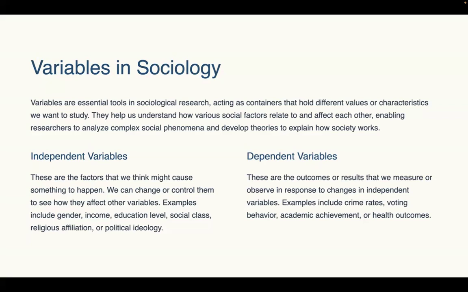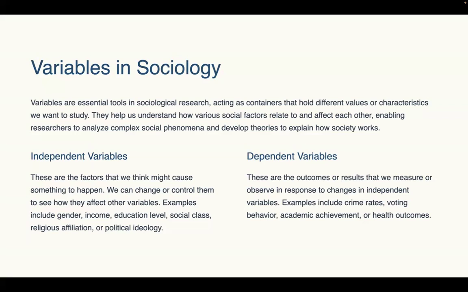Now there are basically two types of variable. The first is the independent variable, the second is the dependent variable. As the name suggests, independent variables are the factors that we think might cause something to happen. We can change or control them to see how they affect other variables.